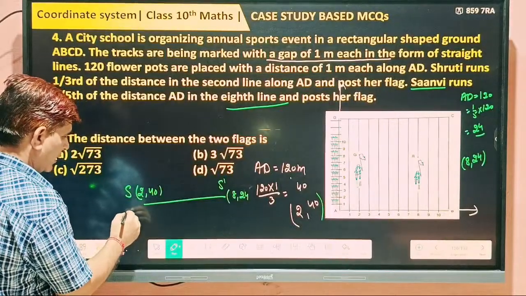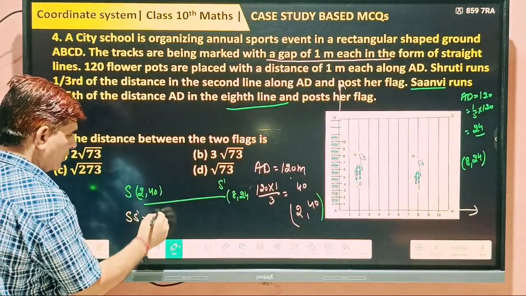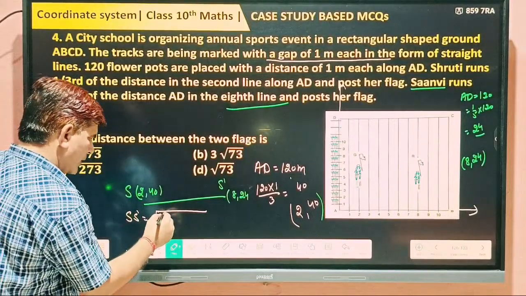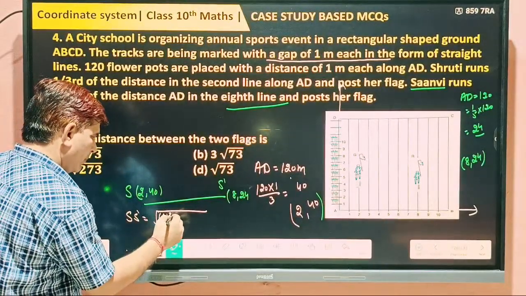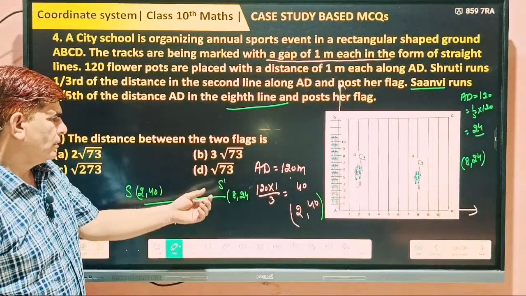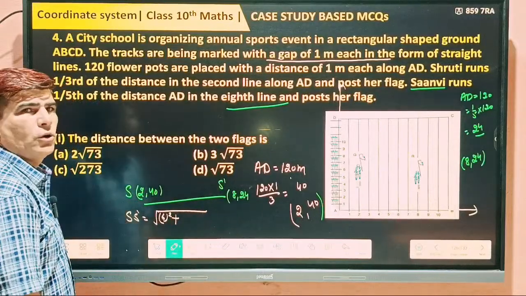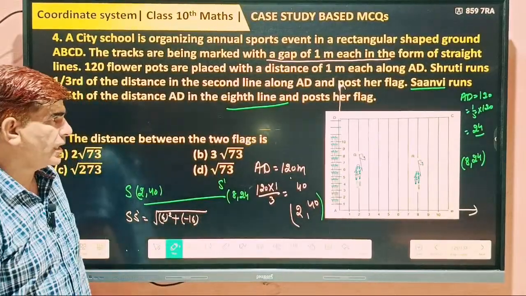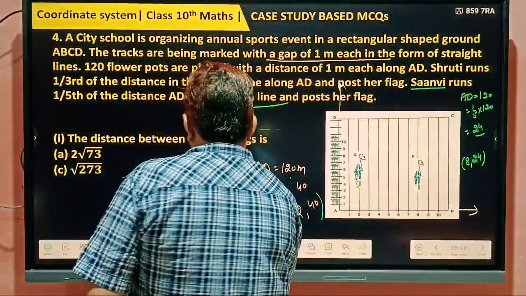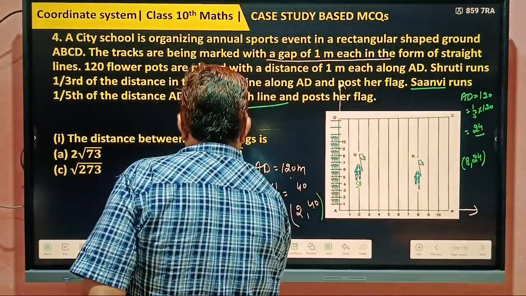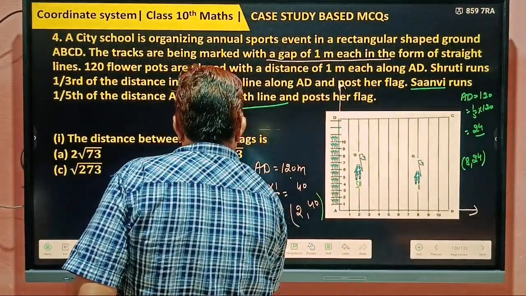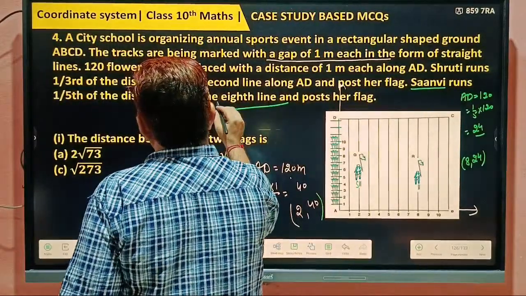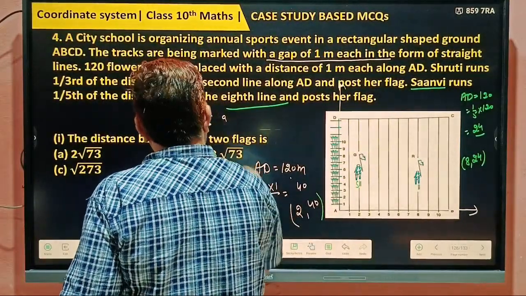What does the distance formula say? SS dash equal to under the root (8 minus 2, 6) square plus (24 minus 40, minus 16) square. 6 square, how much? 36. 16 square, 16 into 16, 256.